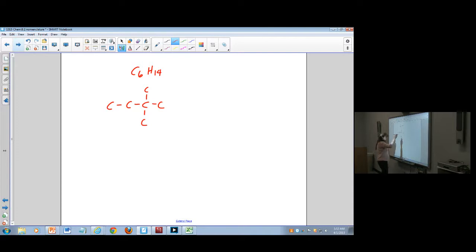I would number this 1, 2, 3, 4, and these are going to be substituents. When you put in all the hydrogens, you'll see that this has 14 hydrogens, and you would name this, again, 2,2-dimethylbutane. So I didn't really get anywhere by changing that.